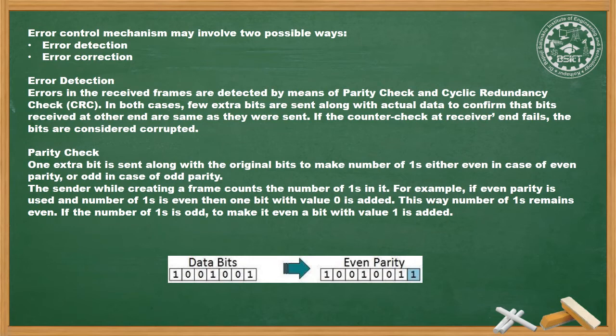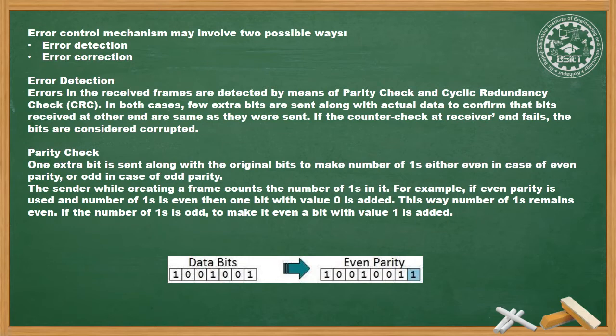If in that counter check we get to know that it is not matching with the decided parity, then the data is corrupted. In this way we can find out if the error has occurred or not. In CRC also we do the same. So let us see them one by one.